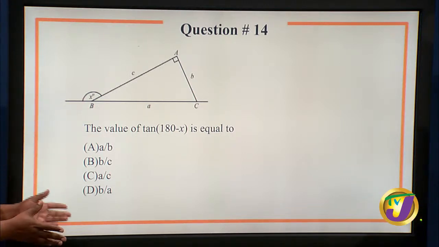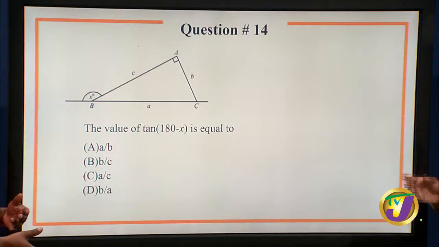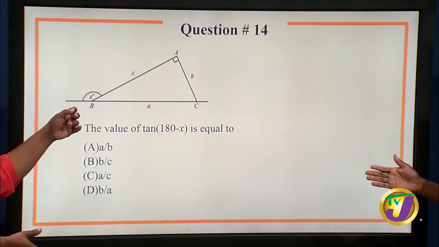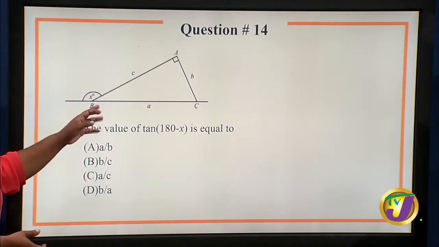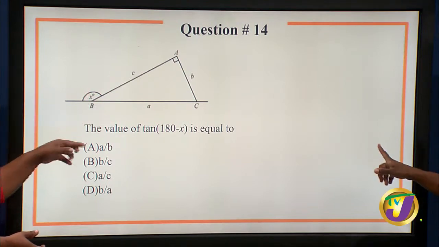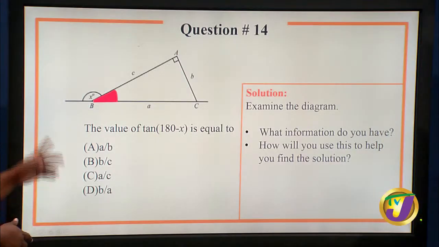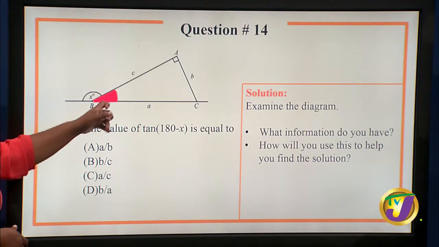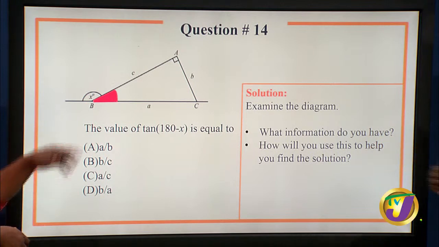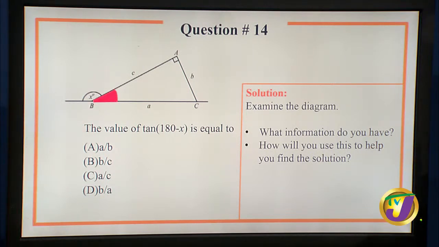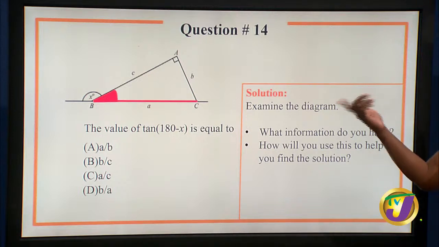They did not tell us 40 degrees or 30 degrees, it's x degrees. So we know that 180 subtracting x degrees would be the value of the angle at ABC. Based on the information, we know that that is the angle of focus.